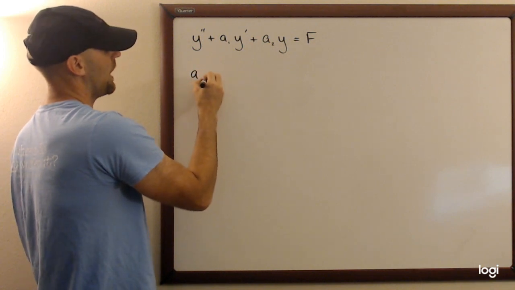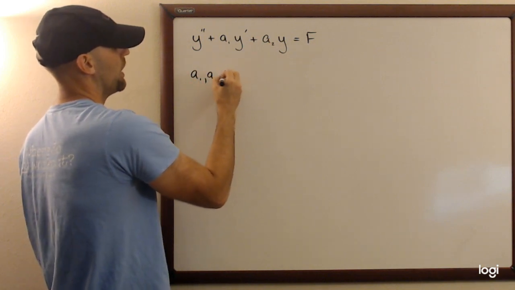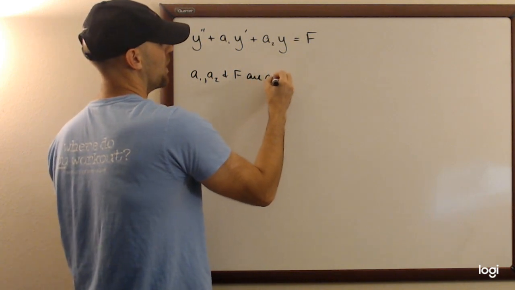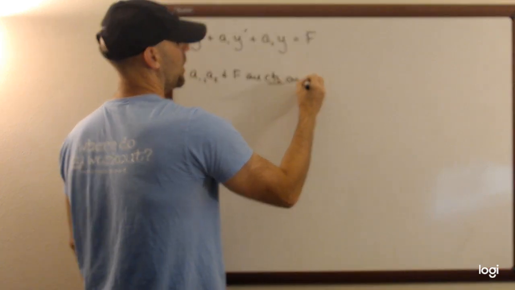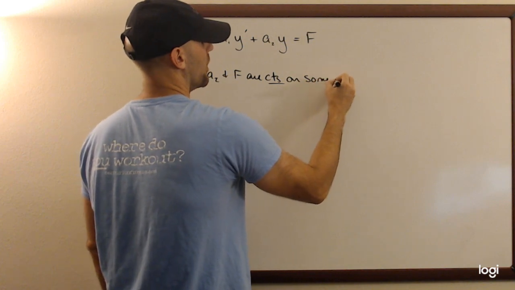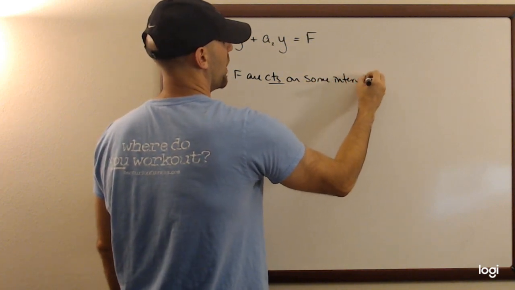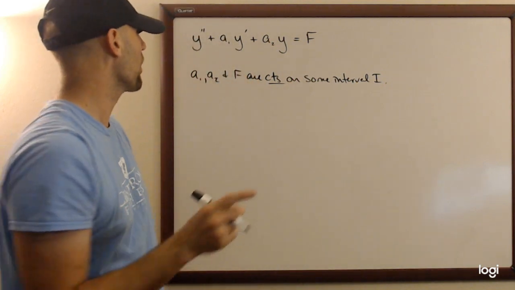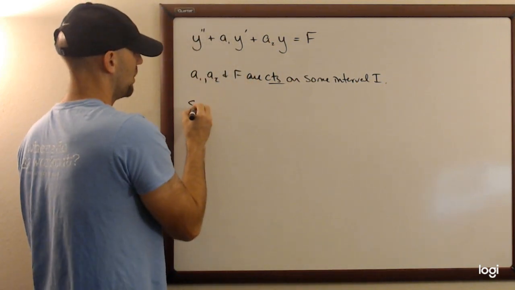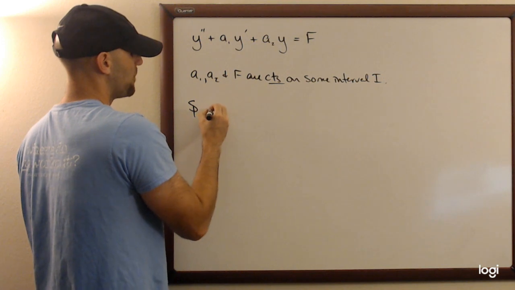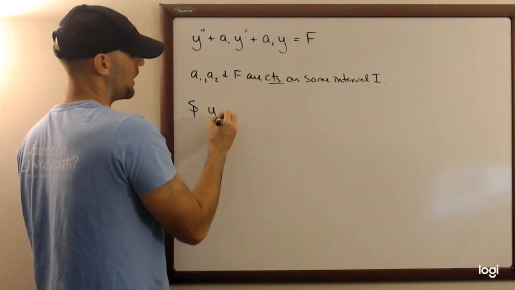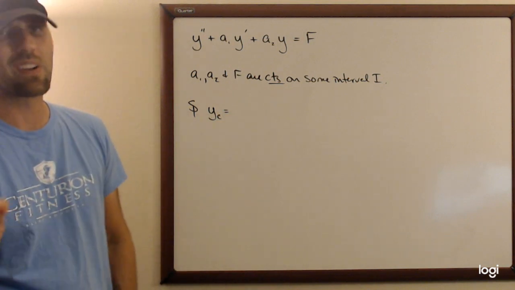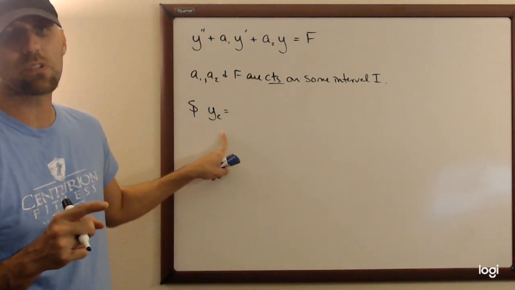So let's say a1, a2, and f are continuous on some interval I. And furthermore, suppose that the associated complementary function, now remember, where do I get the complementary function from?